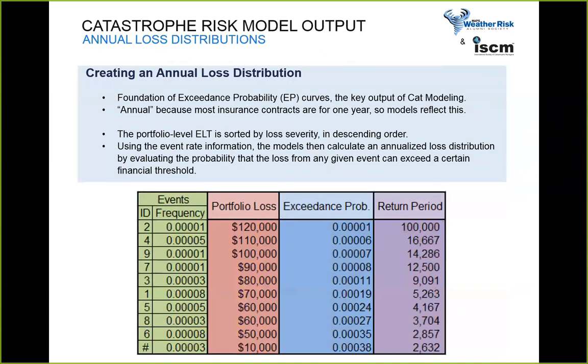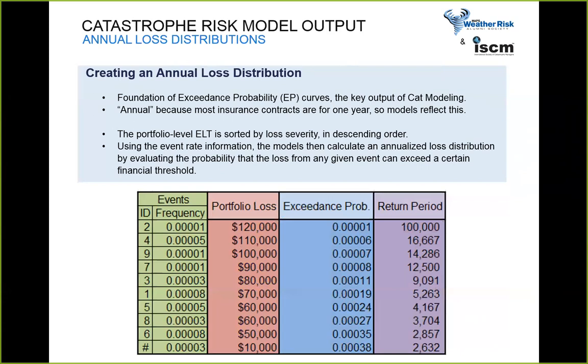Now, once we have the portfolio level losses, the model creates what we call an annual loss distribution. This is really the foundation of what we call exceedance probability curves, or EP curves, which are the key output of CAT models. We call them annual because most contracts are for 1 year, so the loss distributions reflect this fact. To create these loss distributions, you essentially sort the portfolio level event loss table by loss severity in descending order.